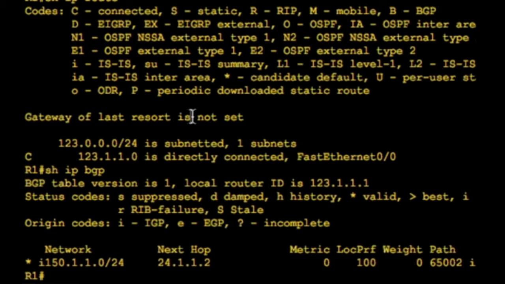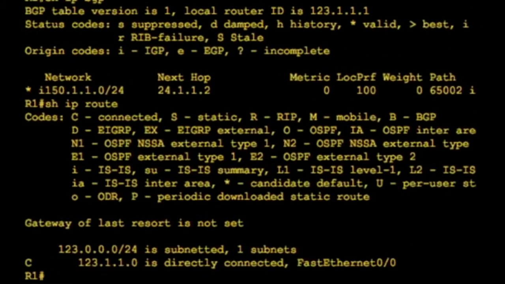Well, there are two ways off the bat that we can do this. One is tell R1 how to get to R4's Ethernet interface. So remember, the routing table just says nothing, right? Because we don't know how to get to 24.1.1.0/24. So we can maybe configure OSPF between R1 and R2 and allow R2's 24.1.1.0 network into the OSPF process so that it advertises that to R1 and we learn it with OSPF.